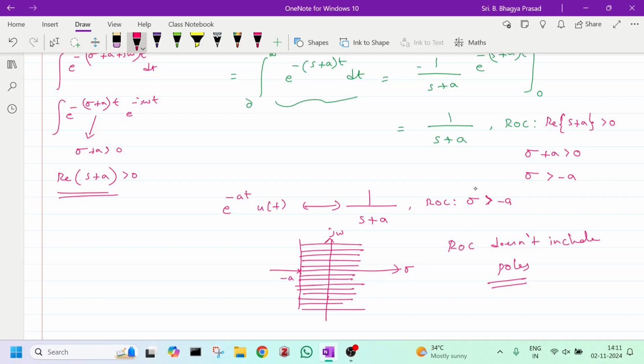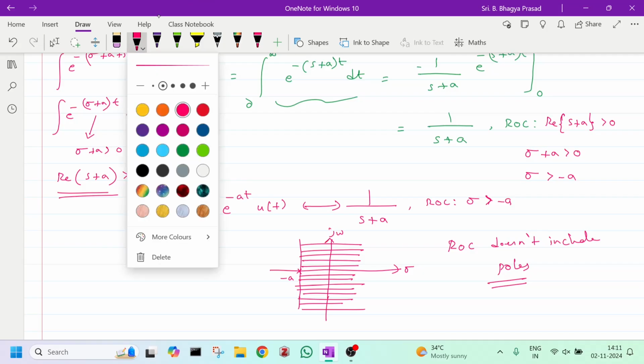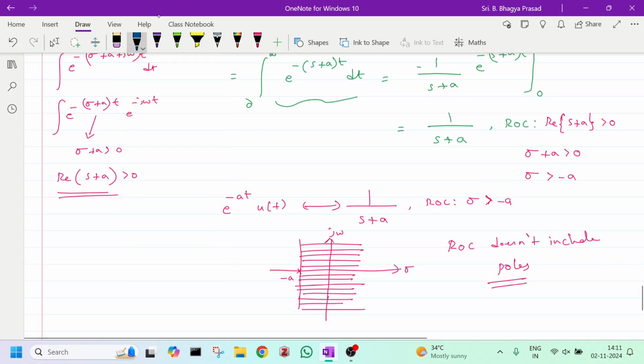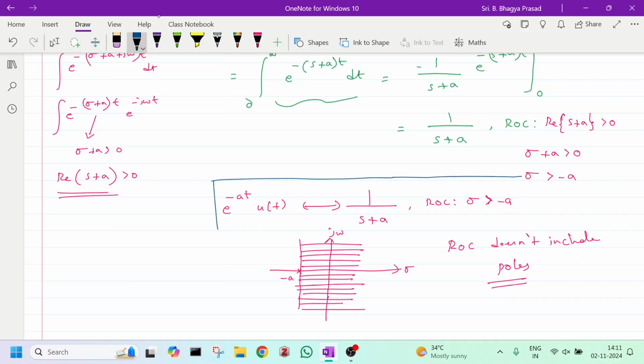You have to make sure that you do not include this minus a in the ROC. So this is an important transform pair: e power minus at u of t has the transform 1 by s plus a, ROC sigma greater than minus a.